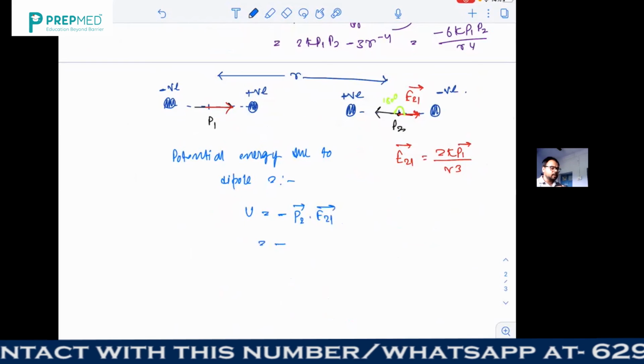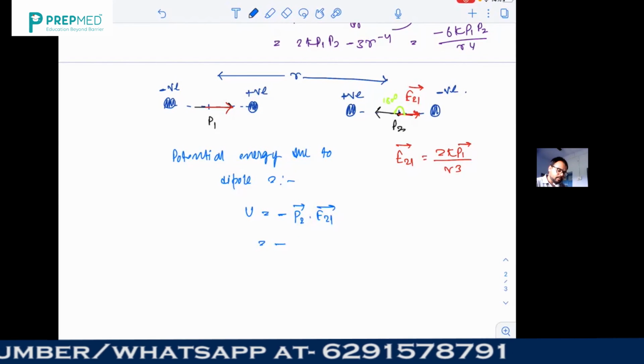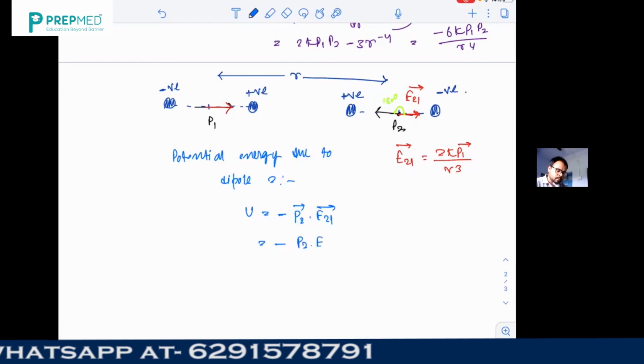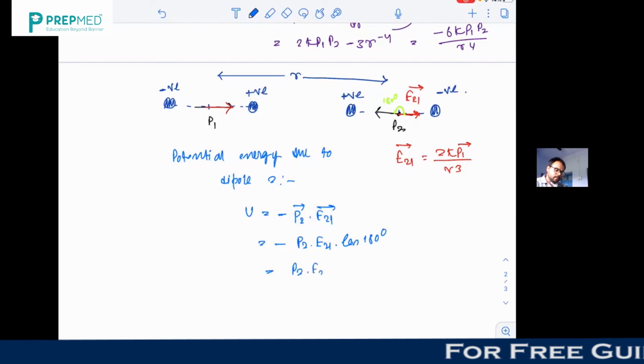Now observe carefully, this P2 and E21 are antiparallel. So that is going to be P2 into E21 cosine of 180 degrees. Cosine of 180 degrees is -1. So the value comes as P2 into E21. That is the value of your potential energy.